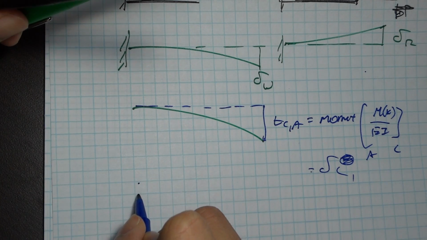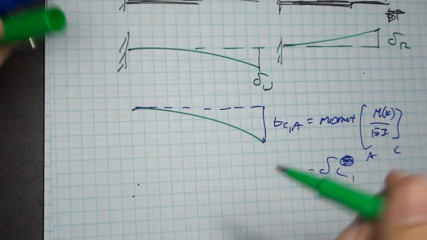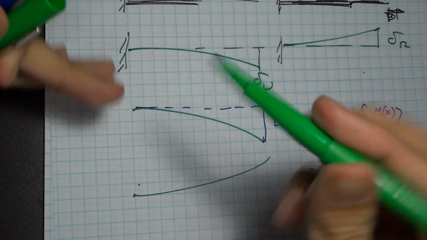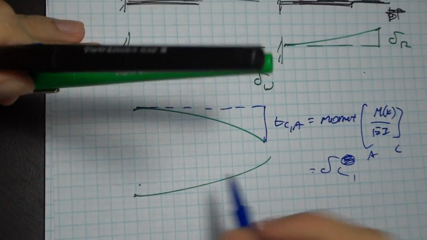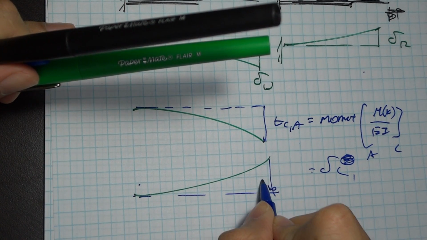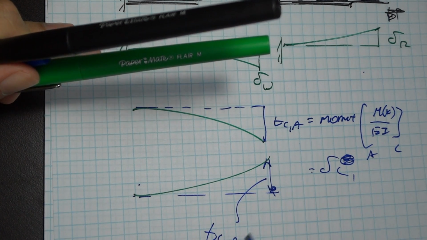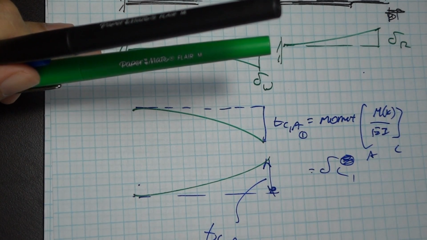For your second diagram, you're going to do the same thing. Let's keep these consistent at least. Let's call this 1, let's call this 2.